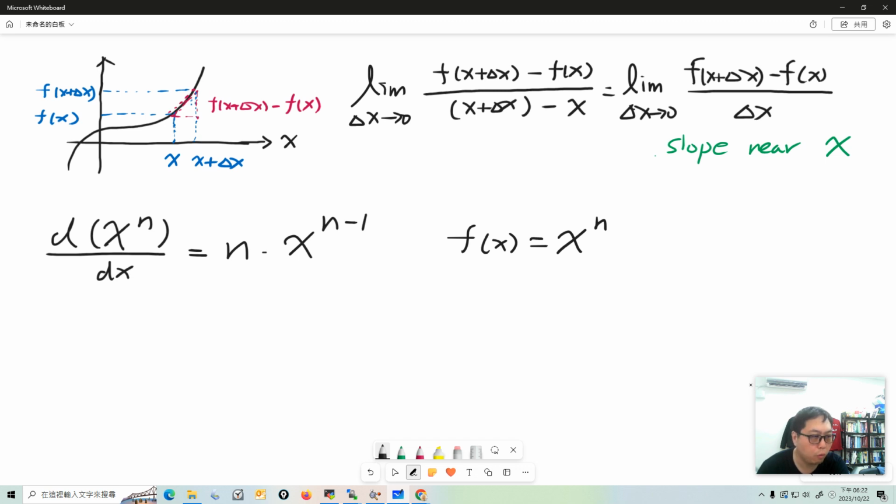Let's put this formula here, and I need to write this. Maybe I will move this a little bit.